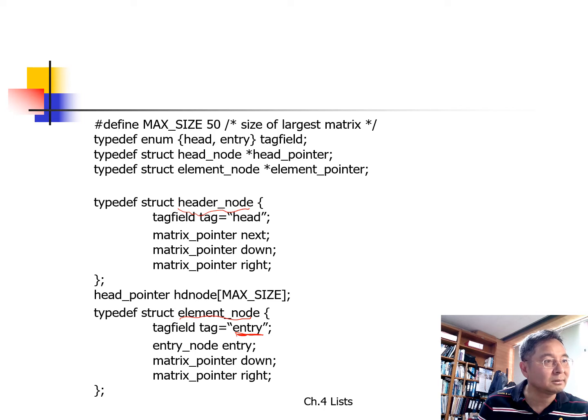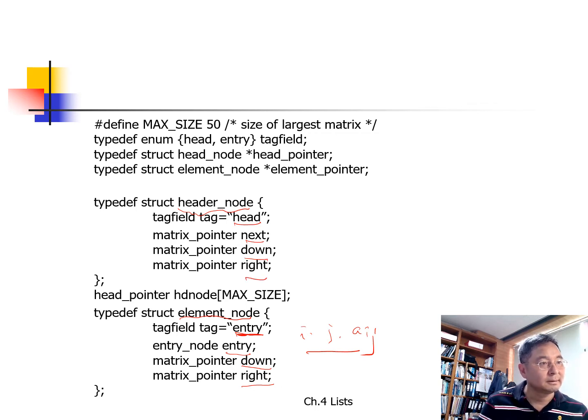Where is the entry node? The entry node has the values i and j and aij, and down and right, and the header node. The header node means the tag field is a header, and next, down, right.